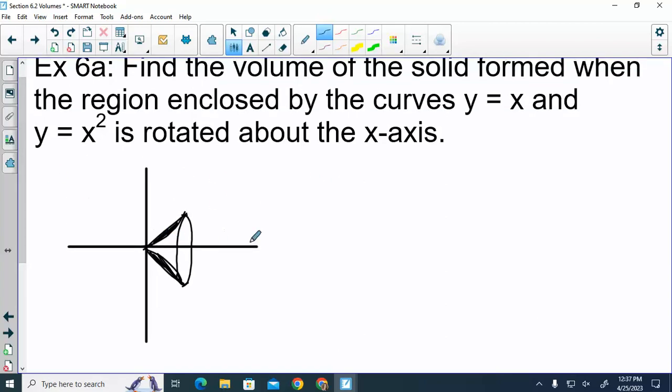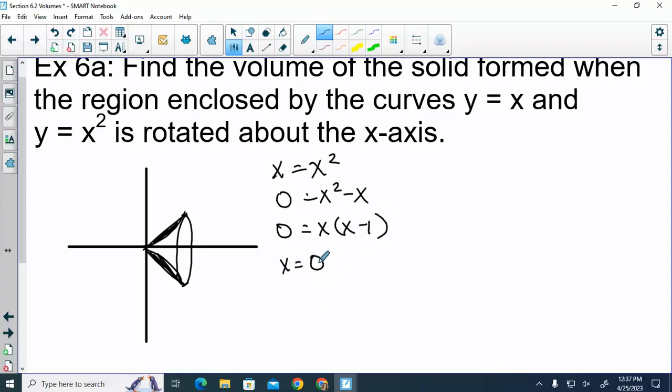Would we agree, since we spun around the x-axis, it would be easiest to do this in terms of x? So you need to know when the equations, x equals x squared, so you get x equals 0 and 1.